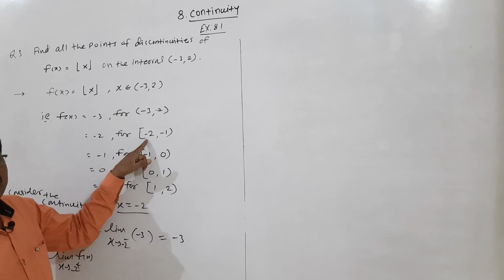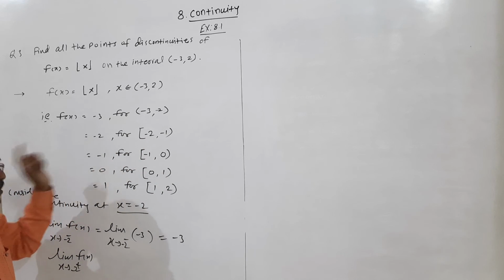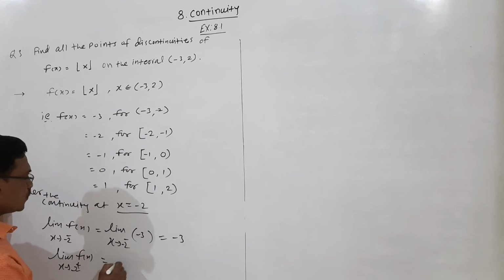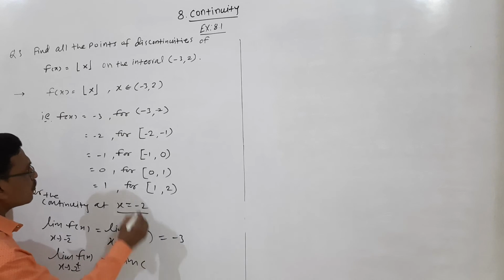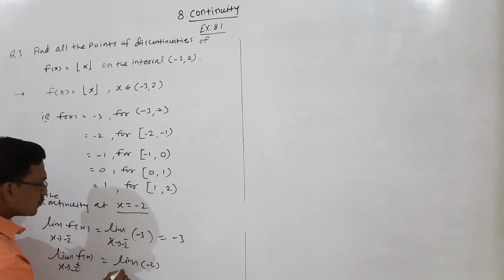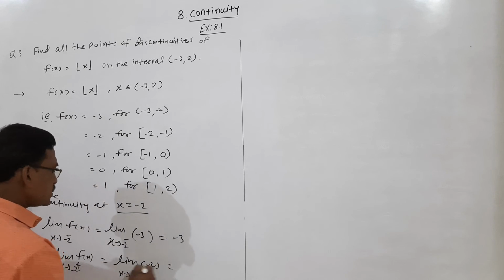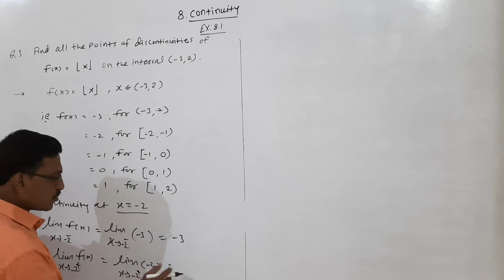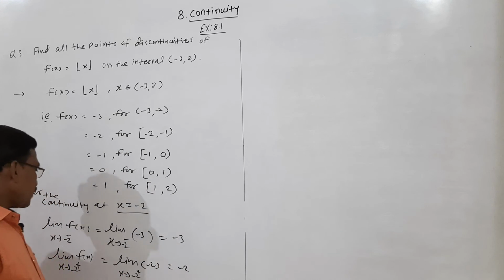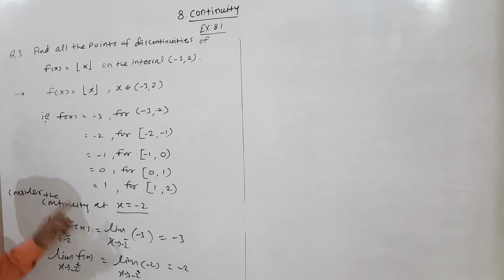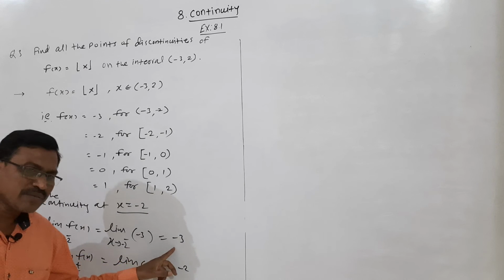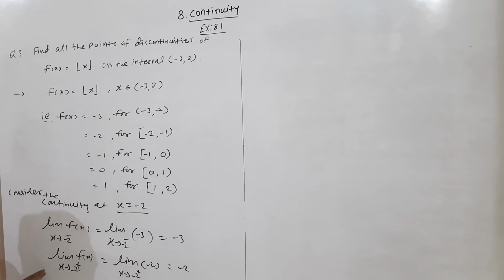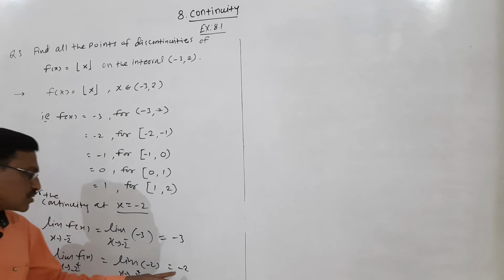That's why we apply the right hand side limit to this function f of x, which is equal to the limit of minus 2 as x tends to minus 2 from the right, because its value is greater than minus 2. The limit of a constant is the constant. So the value of the left hand side limit of this function is minus 3 and the value of the right hand side limit is minus 2.